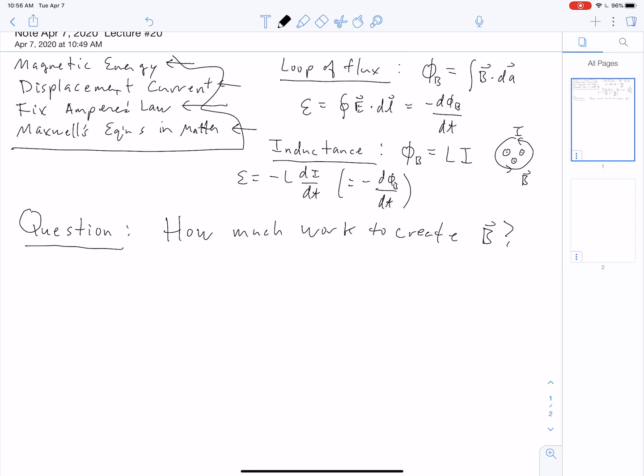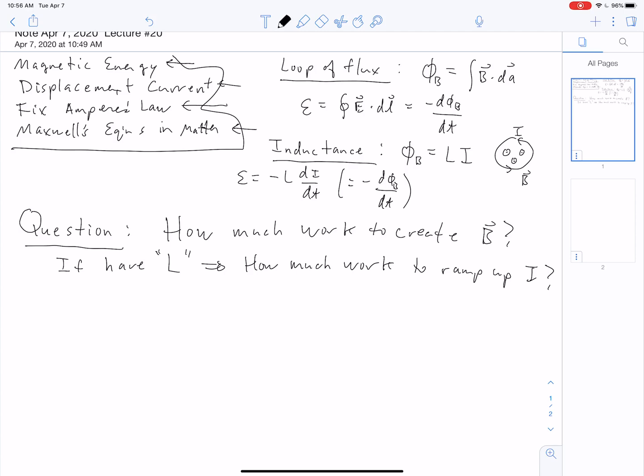Now, we can rephrase this question, because another way of asking the same question is to say, if we have some self-inductance L, then how much work does it take to ramp up the current?